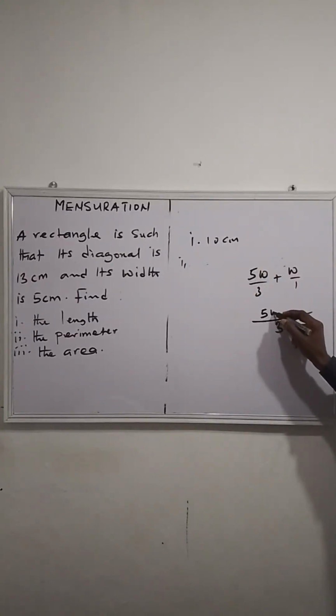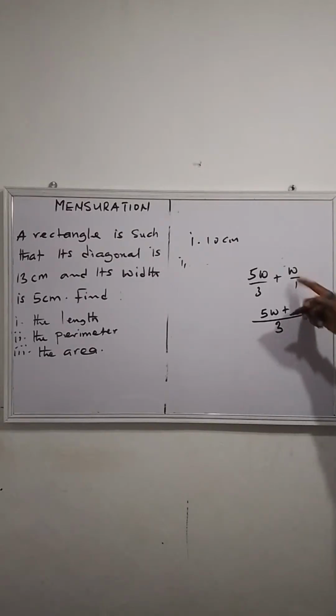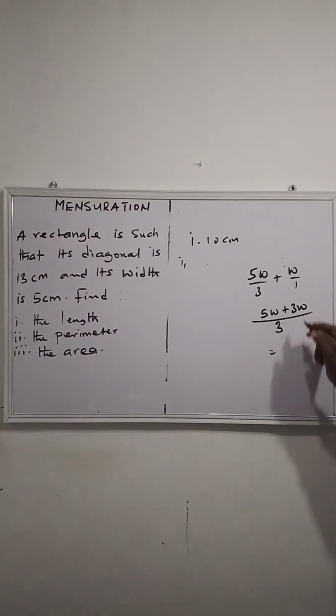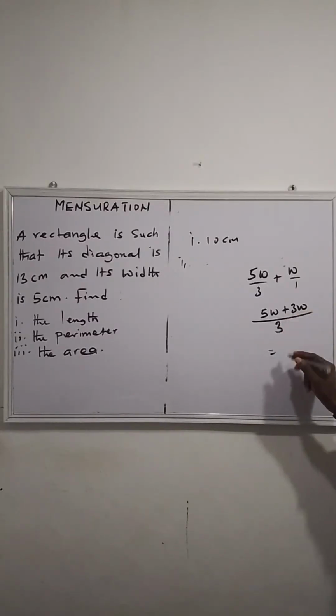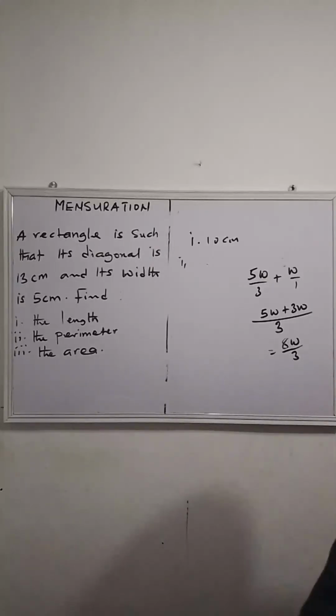So we have 5w plus 1 goes in 3, that is 3. Okay, 3 times w, we have 3w. Okay, do you understand that? So you can add the numerators together. So you have what? 8w over 3. So that's how I arrive at my 8. Okay, I hope that is clear enough.